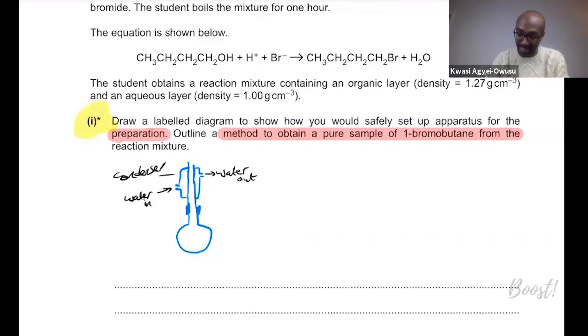We're going to be heating that flask using a heating mantle. So heating mantle, and of course in our flask you're going to have a mixture of, in this case, your butanol. So if we label that, butanol, and you're going to have some anti-bumping granules.